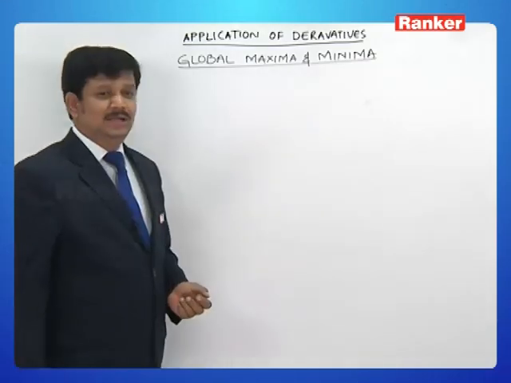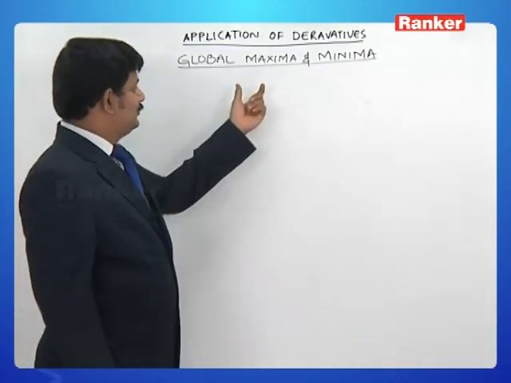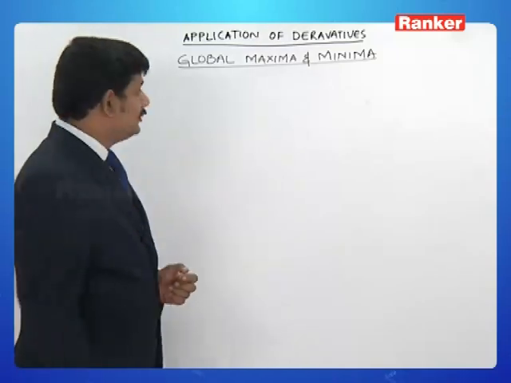Next, a simple concept of global maxima and global minima. It discusses whether a given function has the greatest value in an interval or the least value in an interval.